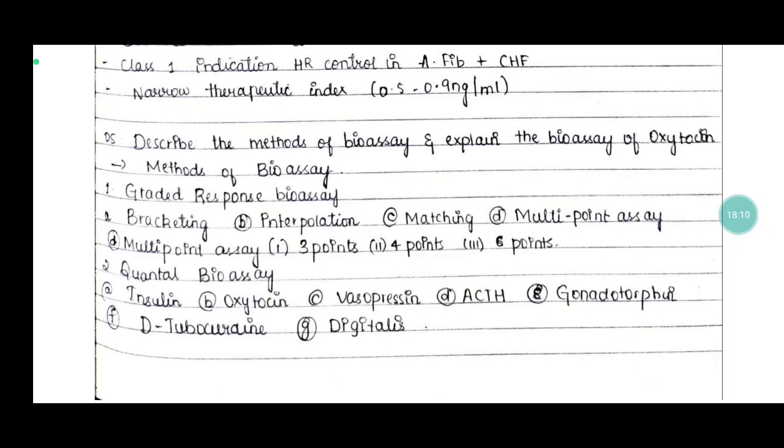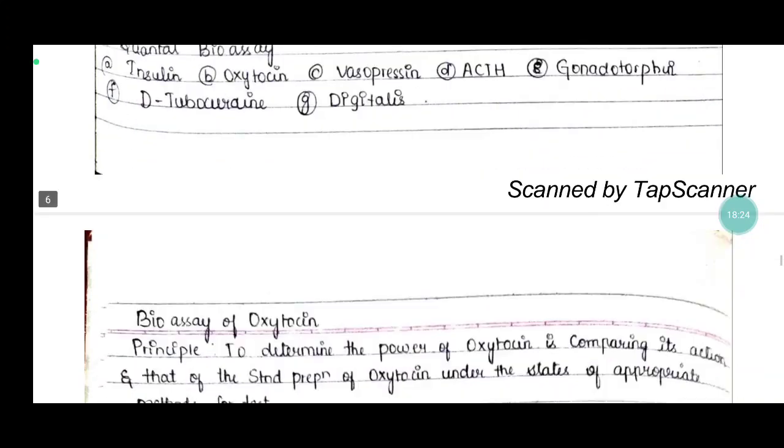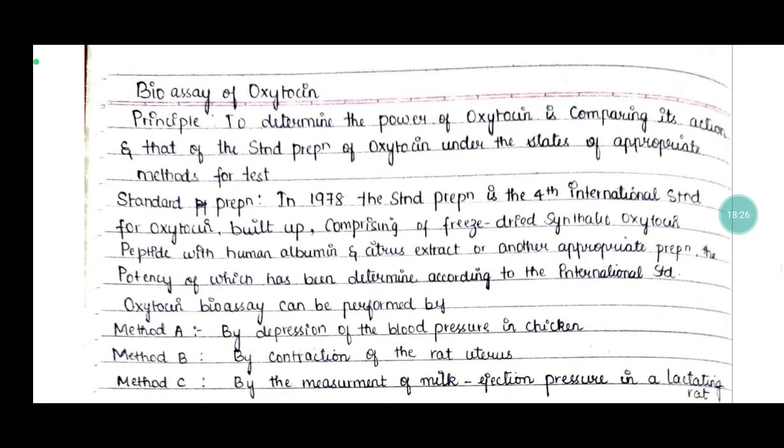The second is quantal bioassay, in which the sub-divisions are insulin, oxytocin, vasopressin, ACTH, gonadotropic, D-tuberculin, and lastly digitalis.